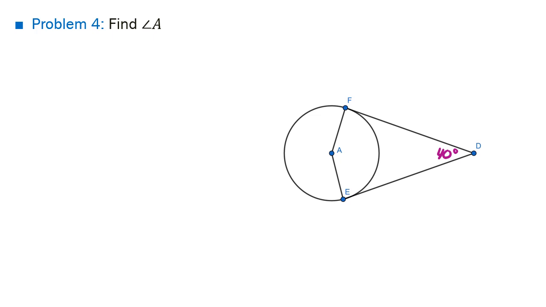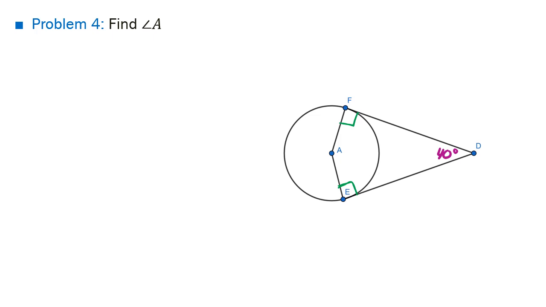All right, so problem 4, find the measure of angle A. Once again, this is making sure you understand your theorems, that FD and ED are both tangent lines. Therefore, angle F and angle E are both 90 degrees because a tangent line is perpendicular to the radius of a circle.